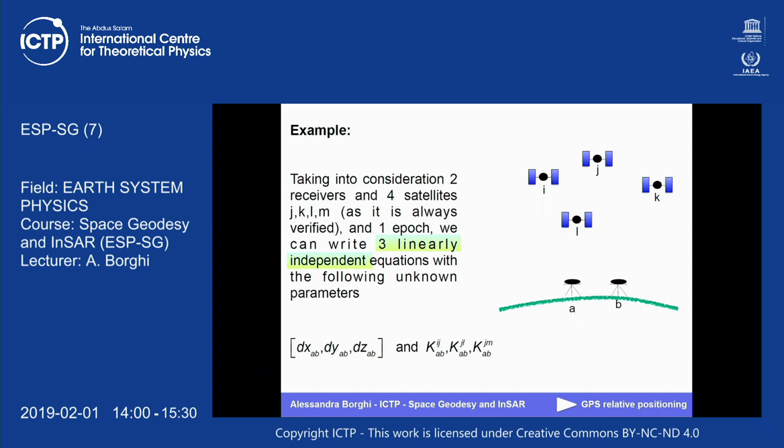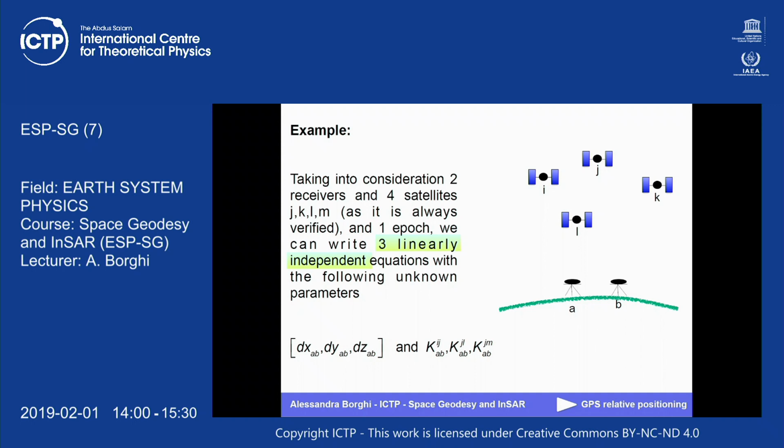We have seen in the double differences equation that we have a combination of ambiguities, and it's related to which satellites and which receivers we are using, and which pair of satellites we are using.